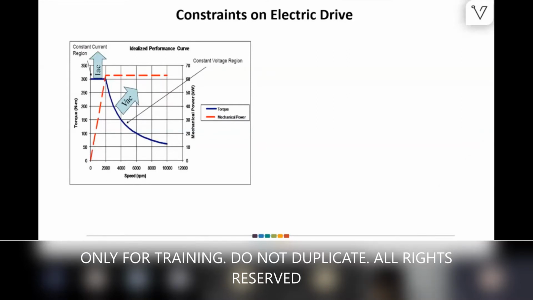There we may have SOC curves with temperature, or power curves, like how much power we can get for particular SOCs, and discharge curves and charge curves. Based on that, we have to find out, at say 60% SOC or 50% SOC, which is an average SOC of the battery, what VDC is available for the machine.